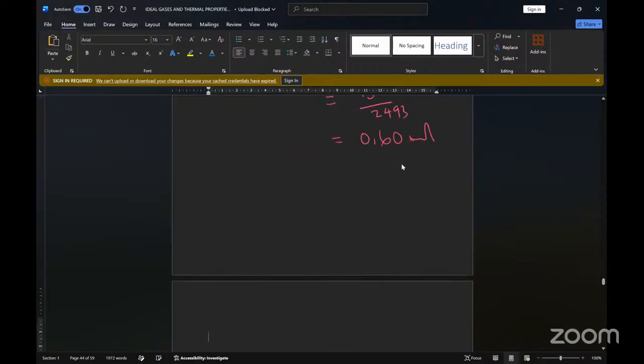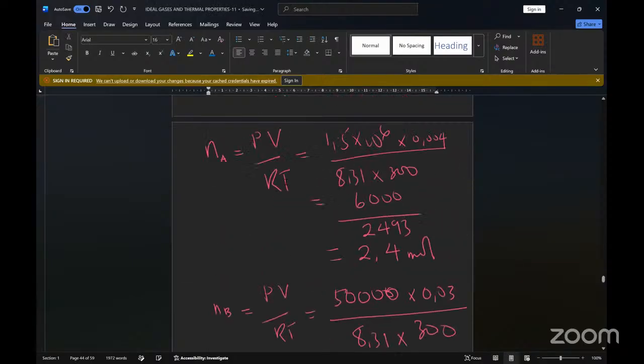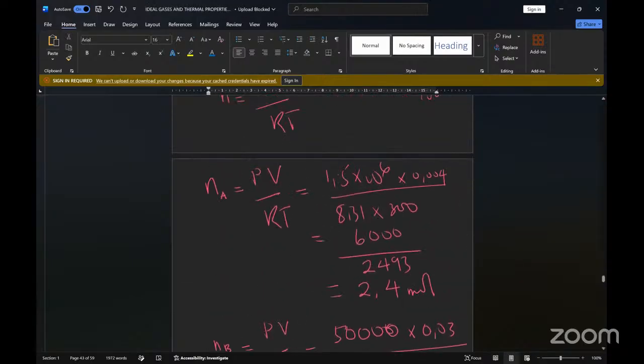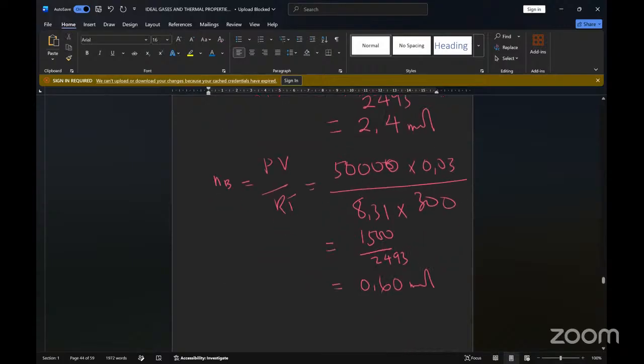The number of moles in Na is bigger, 2.4. So Na over Nb is equal to 2.4 divided by 0.6. You can move the decimal place, so it's like 24 divided by 6, and that gives you 4.